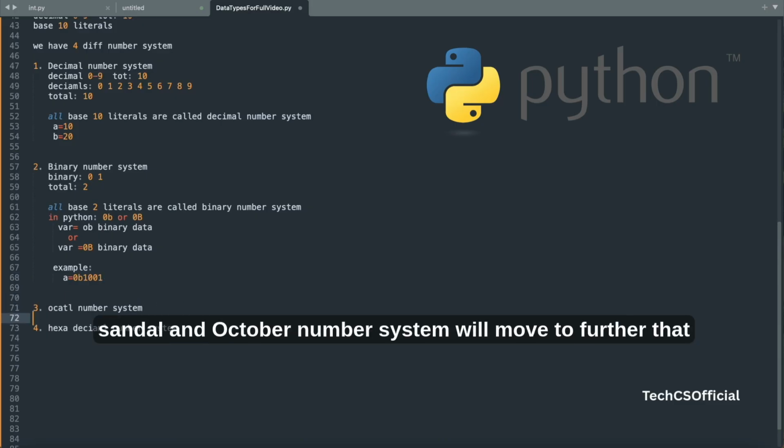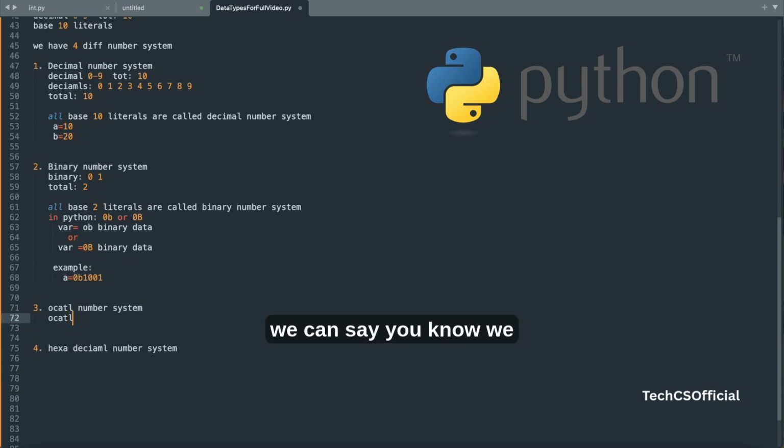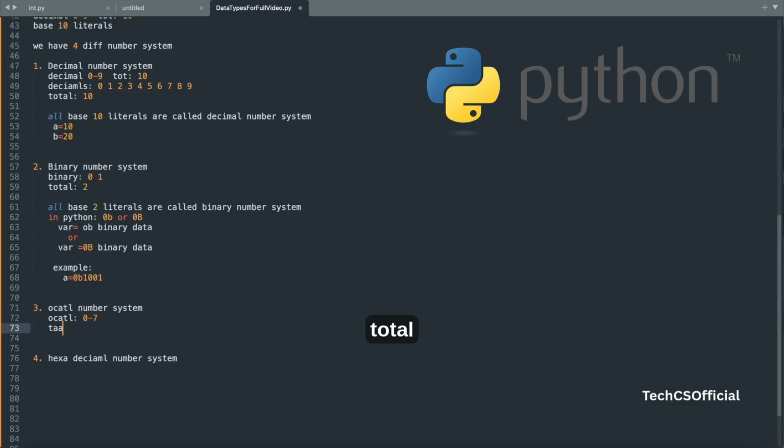And we will move further to the octal number system. In octal we have 0 to 7, so that comes under 8. Total was 0 1 2 3 4 5 6 7.